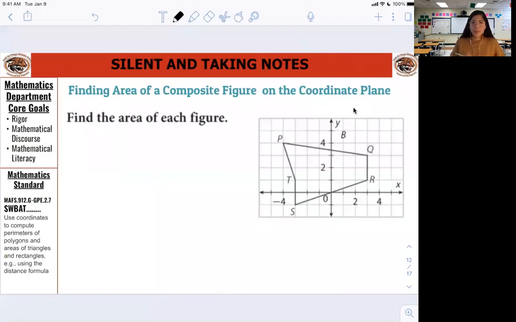So here's an example where they don't break it down for you. But we're going to try to break it down. Again, trying to use as many vertical lines and horizontal lines as possible, and trying to make, we need triangles and we need rectangles if possible. So what is one suggestion of 2 lines that I can connect, or 2 dots that I can connect?